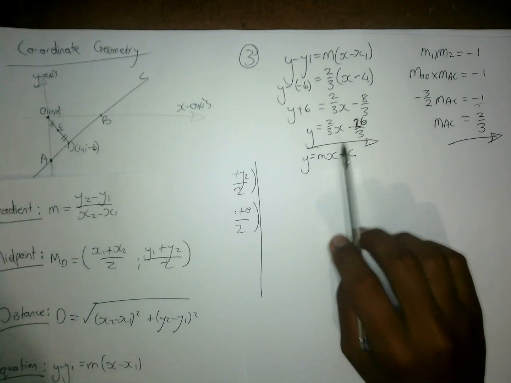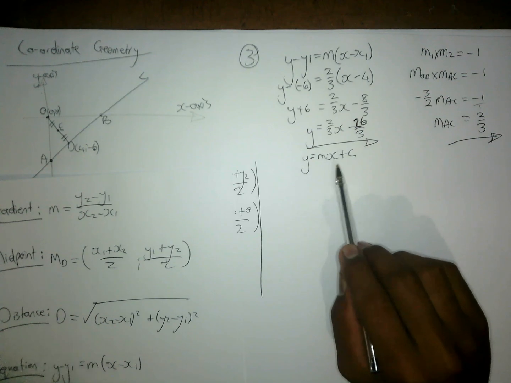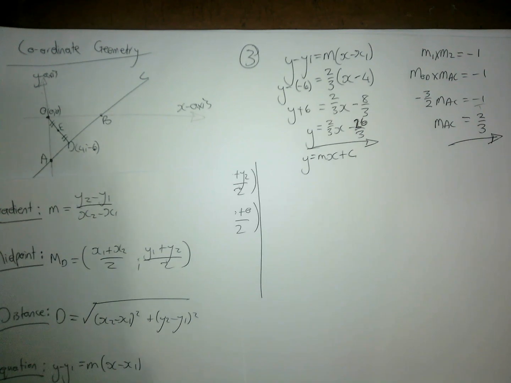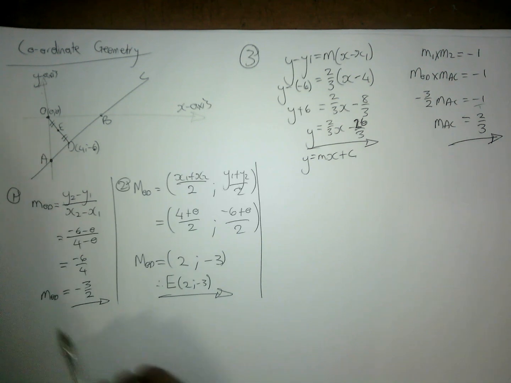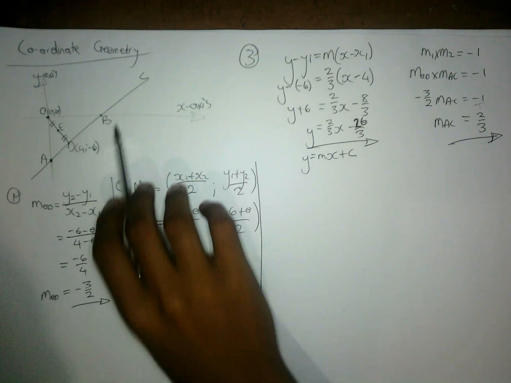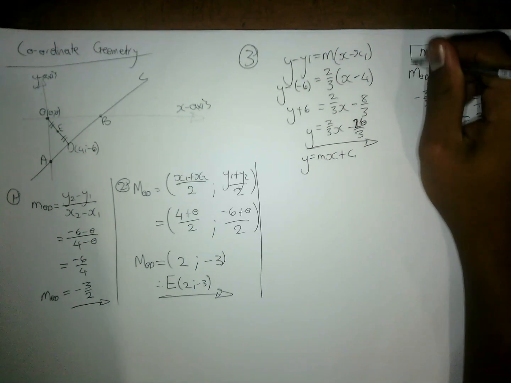So we need to get this form because it's the standard form of a straight line. This 2 over 3 is because we have the gradient of MOD. It's a gradient that's perpendicular. This formula is for perpendicular gradients.